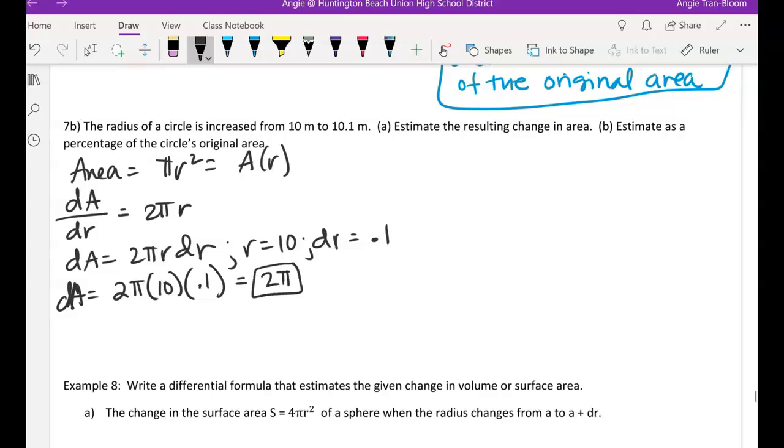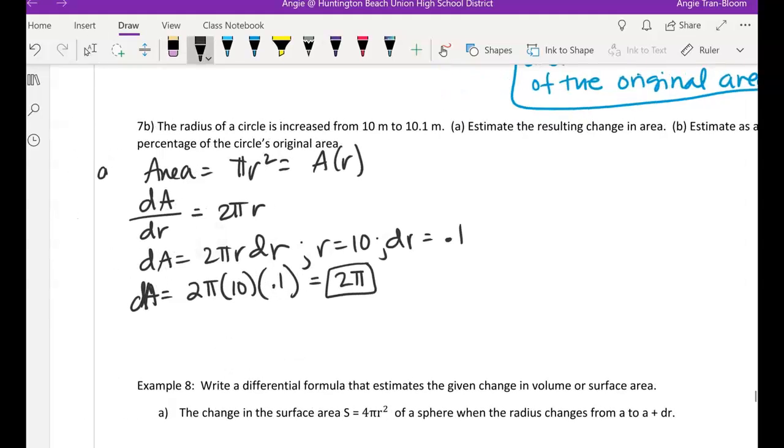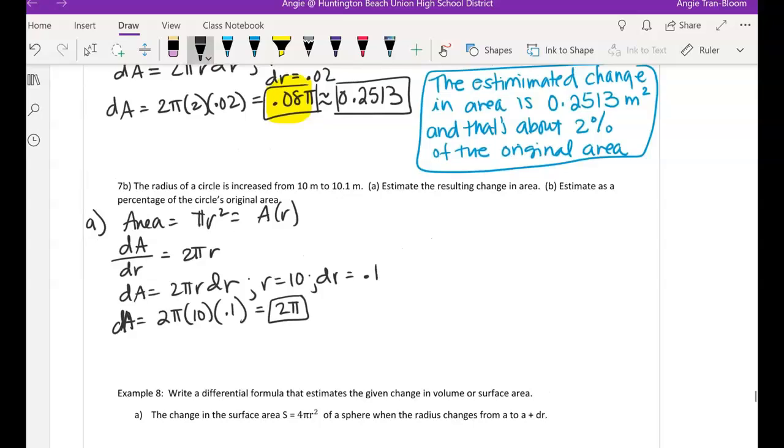And again, I'm going to write a complete sentence for both parts later, but let me just do the math first, okay? Part B, let's figure out what percentage that is in comparison to its original area.